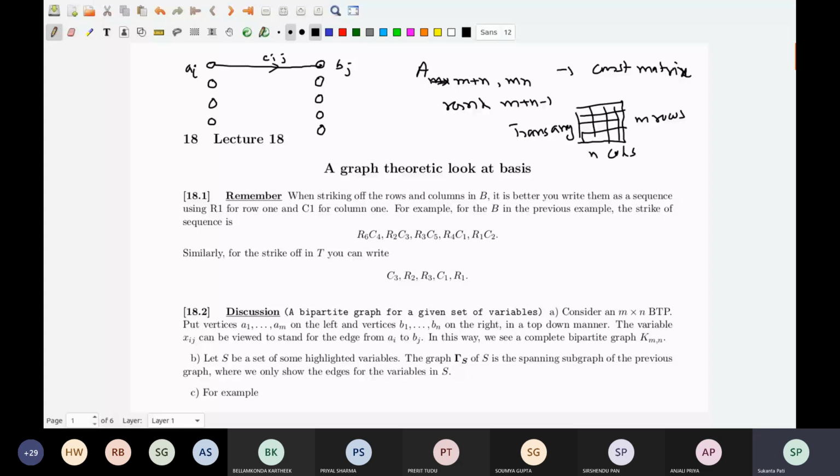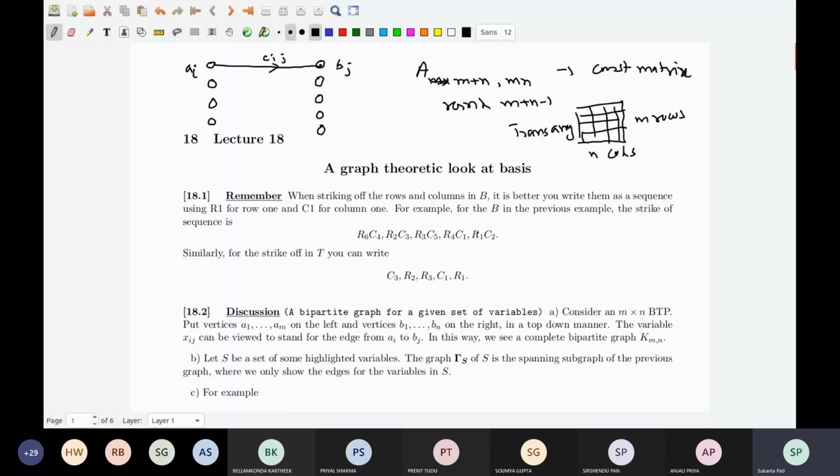The basis matrix is lower triangular, which basically means in the basis matrix you will always find one row with exactly one 1.